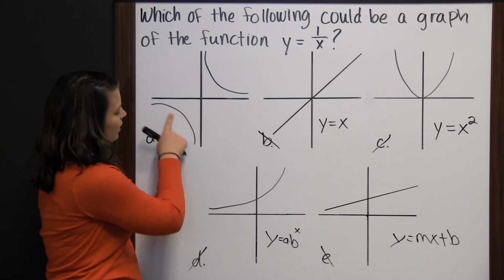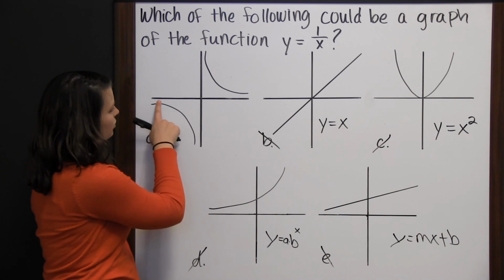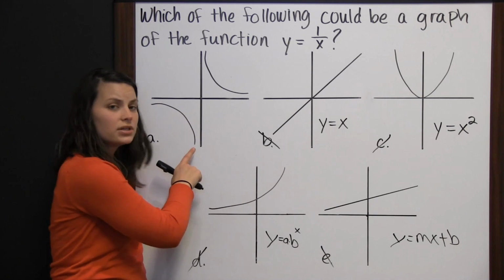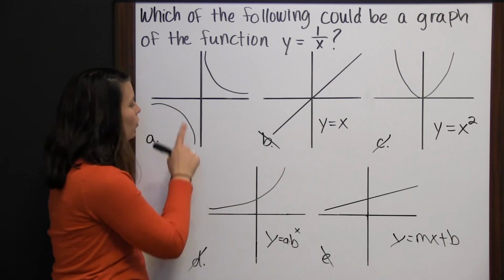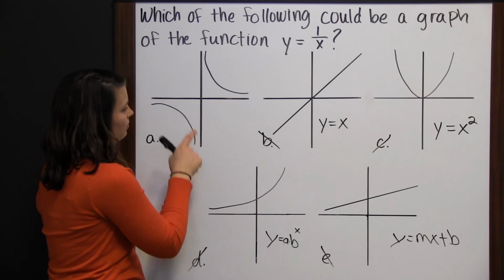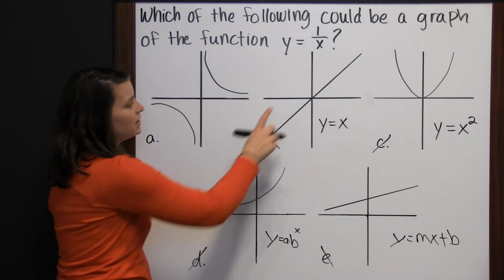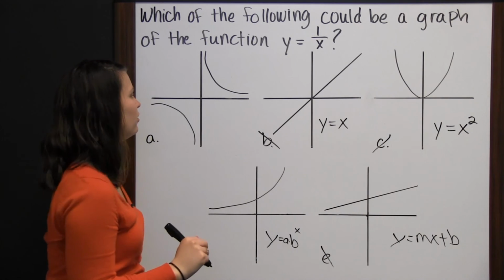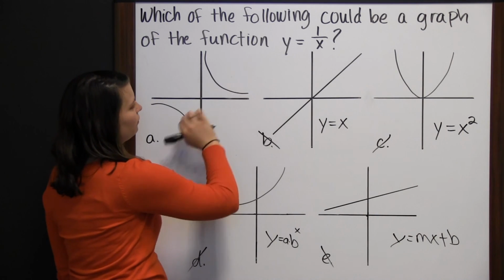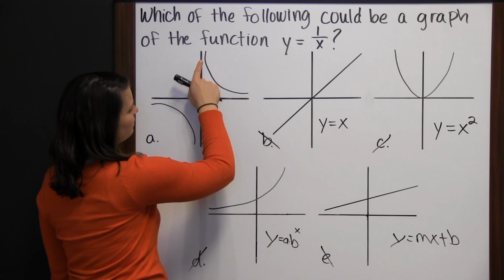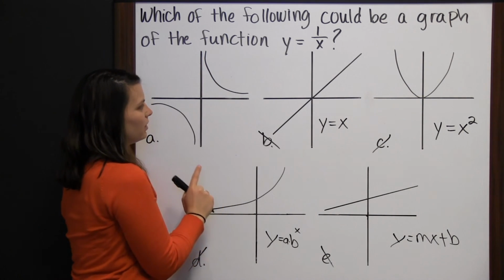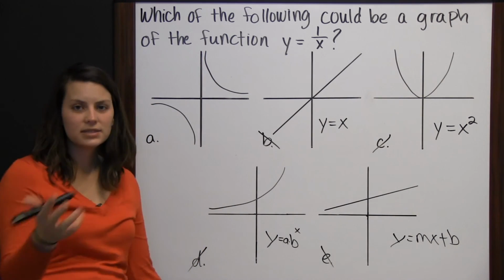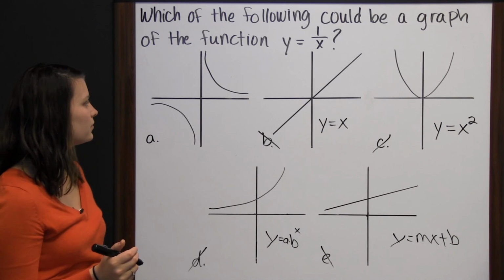On this side of our graph, it's approaching 0 and then it turns down sharply away from 0, because your x value can never be 0, since you cannot divide by 0. It's the same thing in the first quadrant. Again, it's approaching 0 and then it turns sharply away from 0 because x can never be 0.